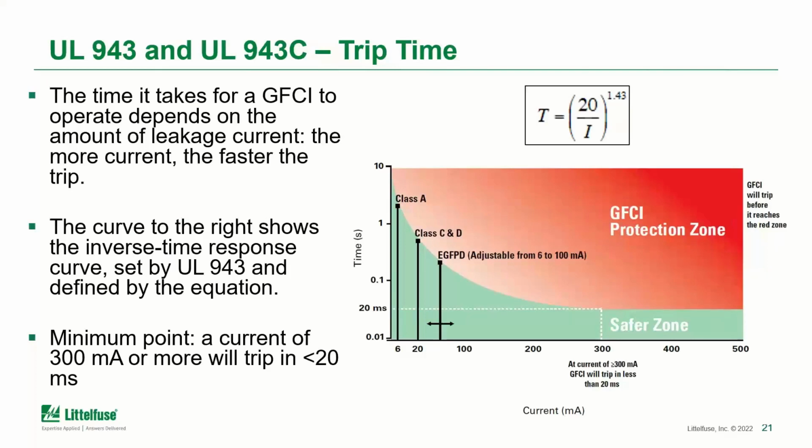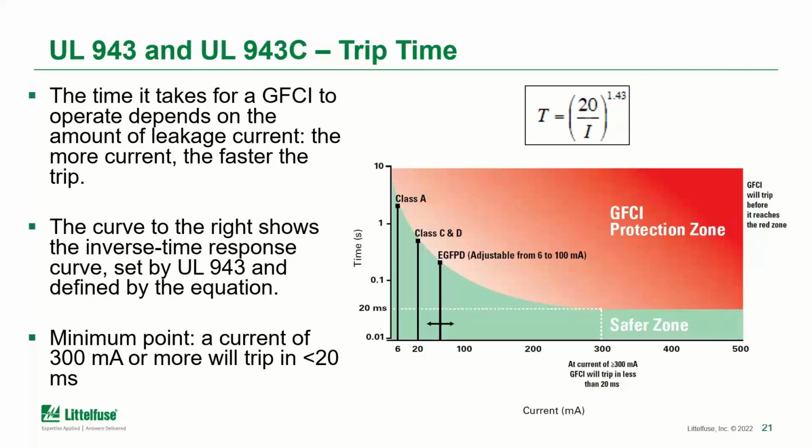This is an inverse time curve that essentially means the time that the device is required to de-energize the circuit depends on the magnitude of current that's being measured. It shows the data point for a 6 milliamp trip level, as well as the 20 milliamp trip level. They're following the same curve, and at that slightly higher 20 milliamp level, the device has to operate just a little bit quicker to be within that curve.